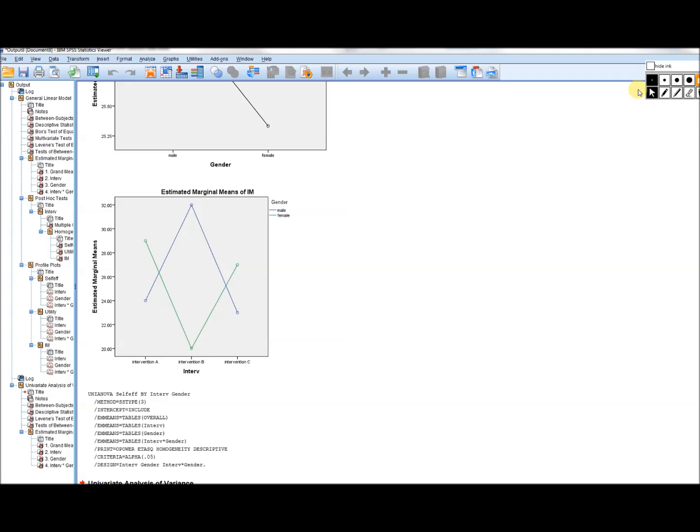And when we look at the interaction, again you have crossovers: females were higher than males in intervention A, males were higher than females in intervention B, and females were higher than males in intervention C.